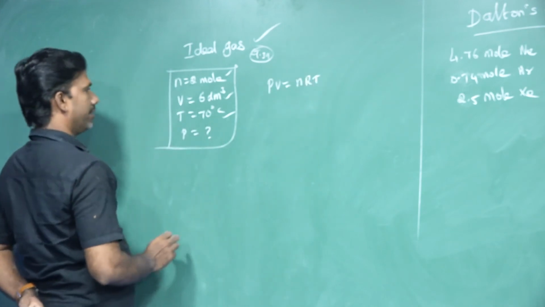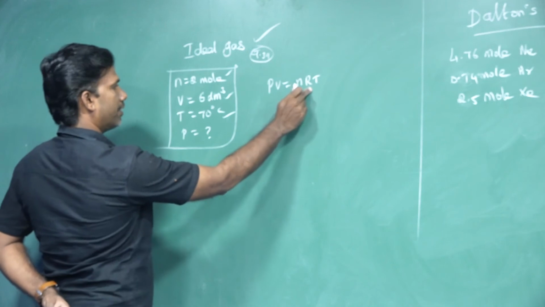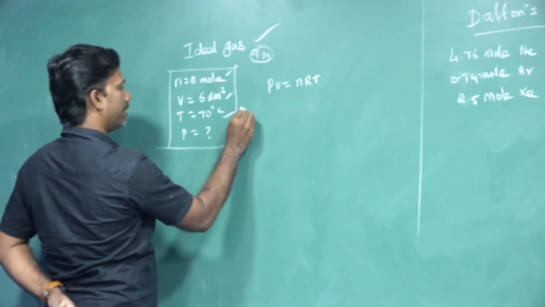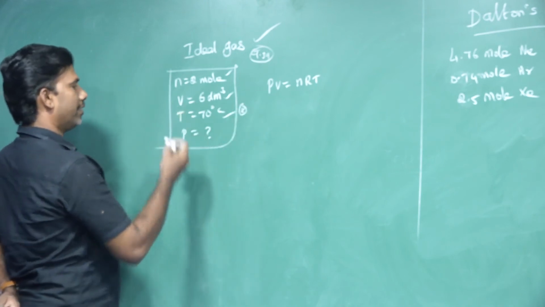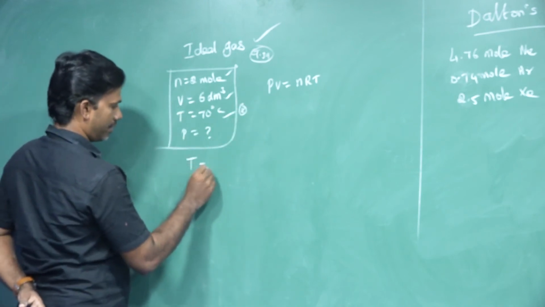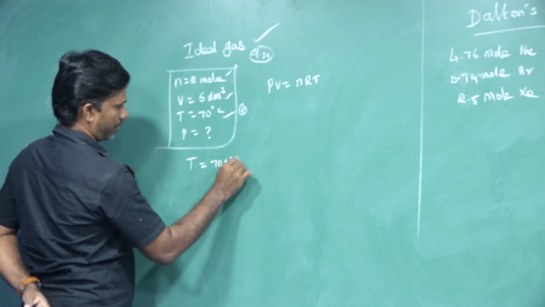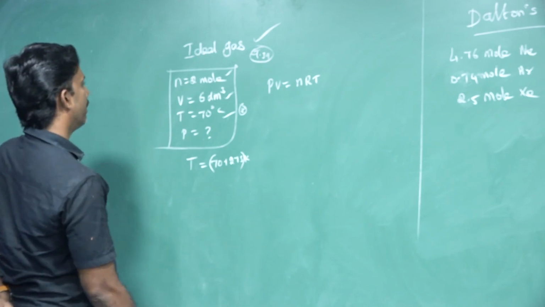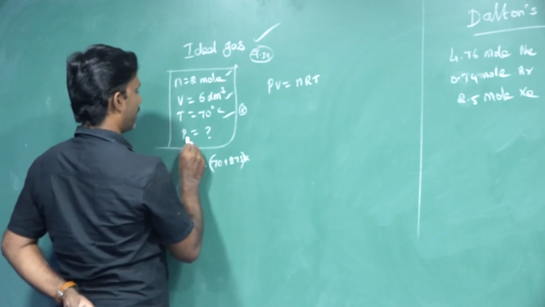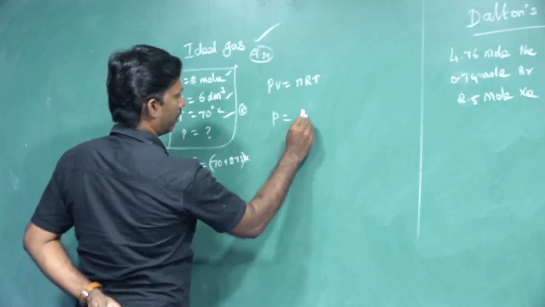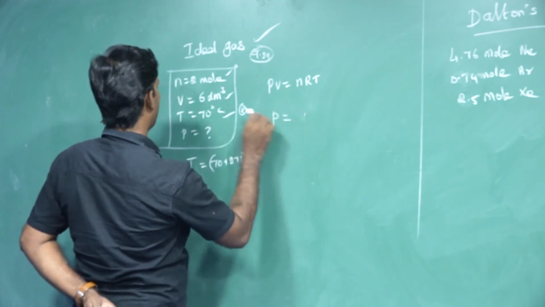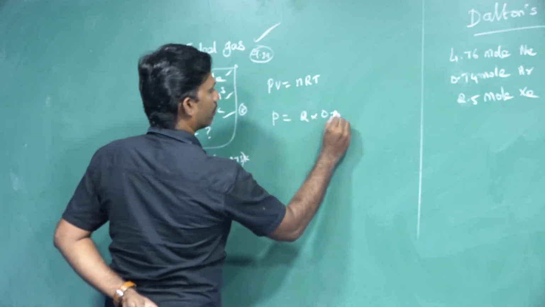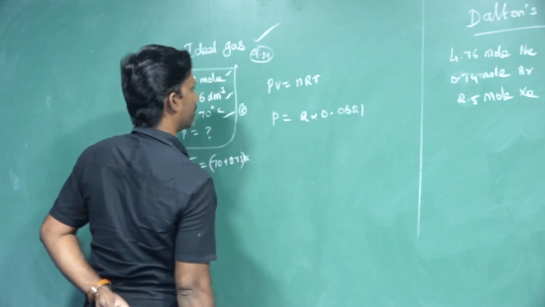So what data are given? n is there, and the gas constant R we need to apply. Temperature should always be taken in Kelvin. Temperature is in Celsius, so just change it: 70 plus 273 Kelvin. Nothing else needs to be changed. Pressure is asked, so P equals nRT by V. n, the number of moles, is given as 2. R, the gas constant, is 0.821.